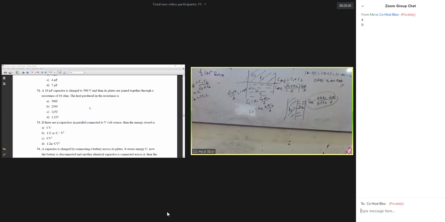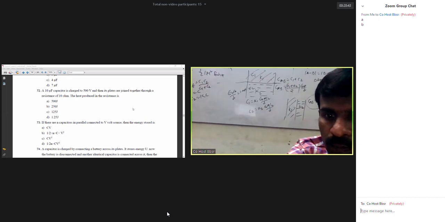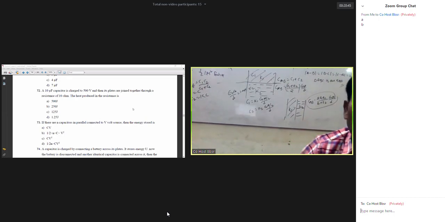There are n capacitors in parallel connected to V volts. Then energy stored equals half n into CV square. Energy stored is n into half CV square. Correct.